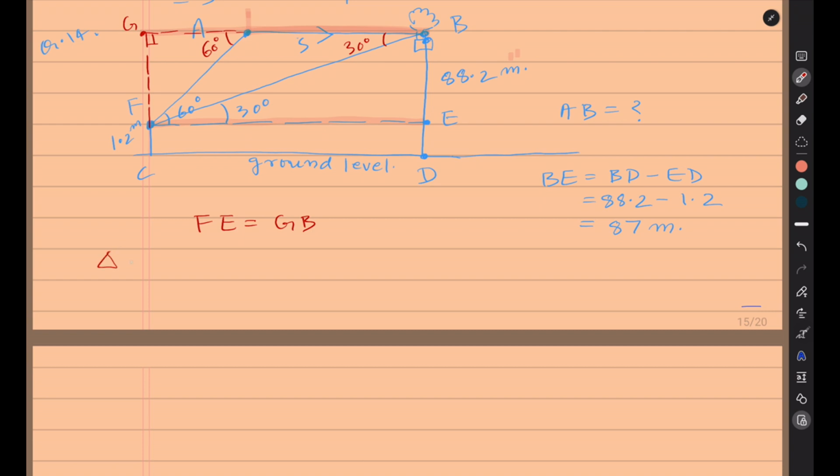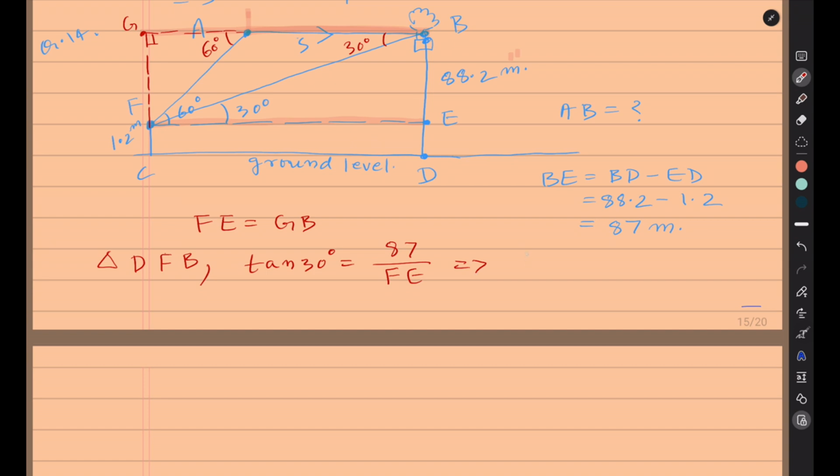So in triangle DFB, tan 30 degree will be equal to perpendicular divided by base, and base you can just call it FE.